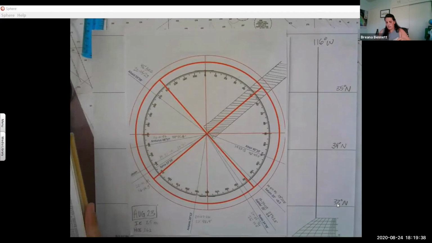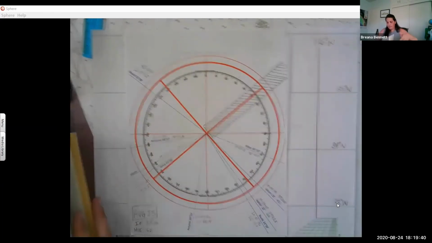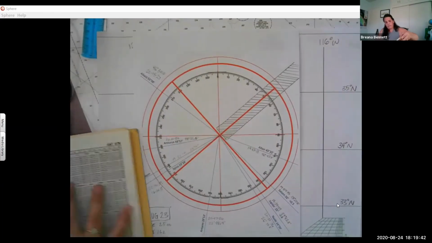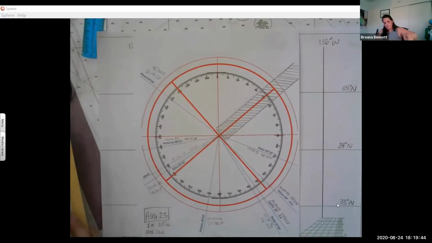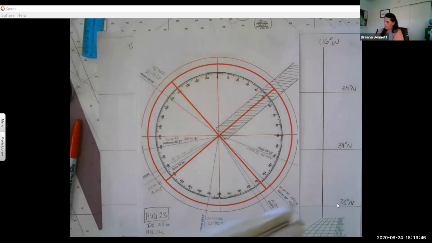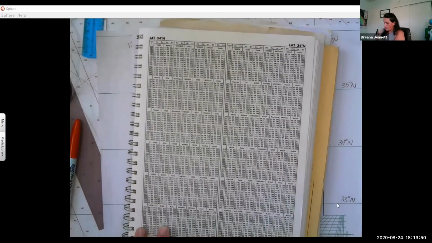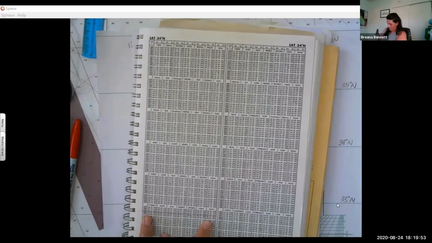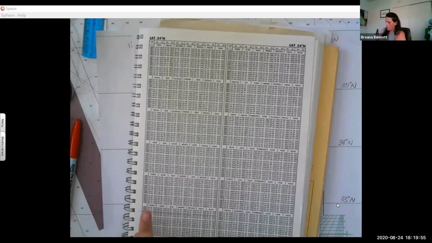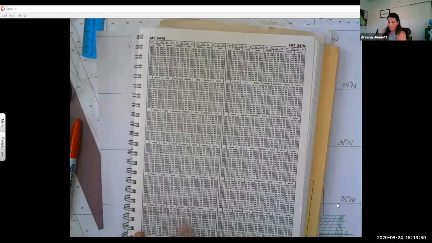We're at latitude 34, 257. I underlined it there. So I just did all 7 of these, and I plotted all of those.